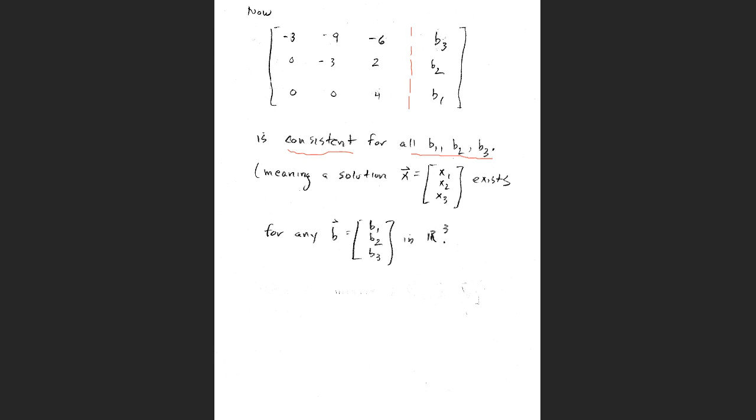If we take the original matrix A and interchange the first and third rows, we end up with what you have here.